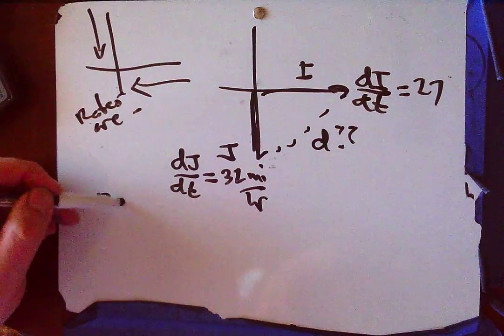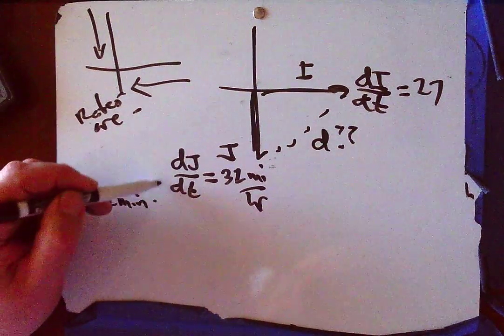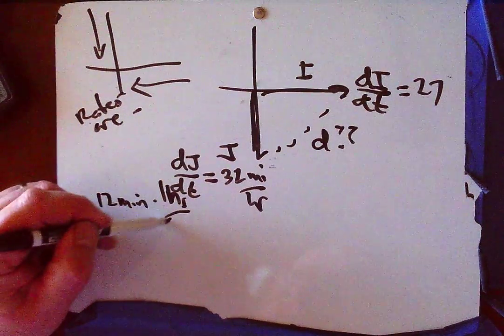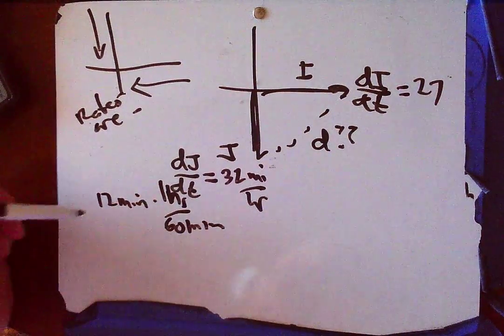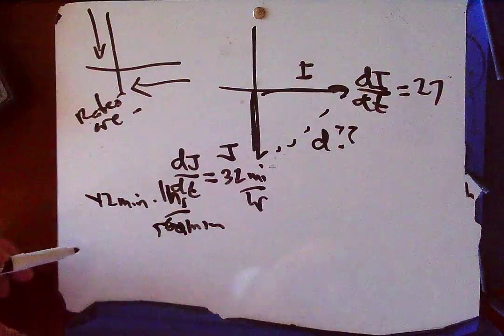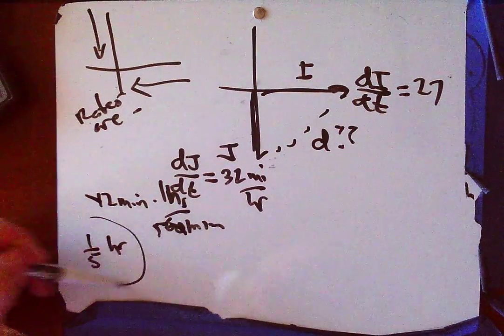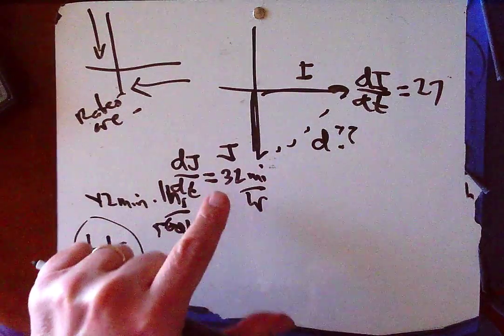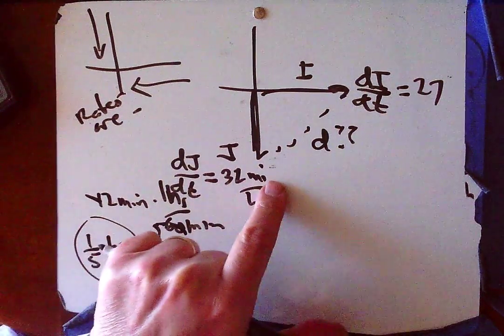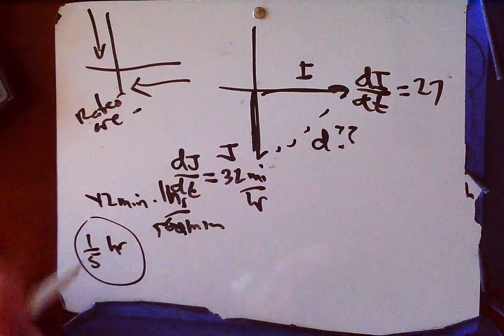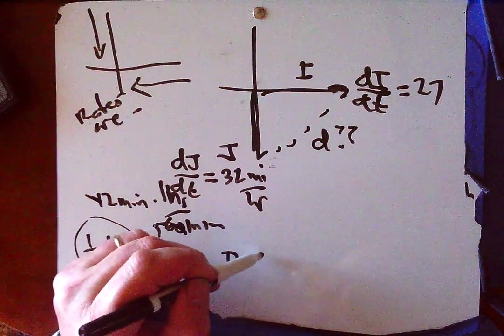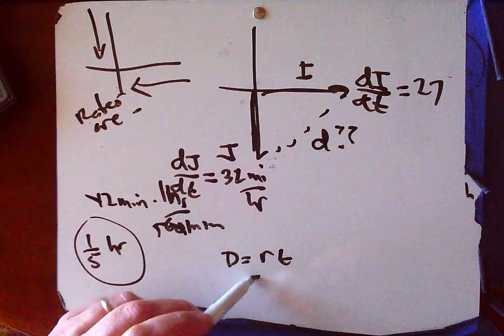Well, 12 minutes times 1 hour over 60 minutes. I get some canceling, and I get 1/5 of an hour. So they're going to travel for 1/5 of an hour. Jade is going 32 miles every hour for 1/5 of an hour. Remember, distance equals rate times time.